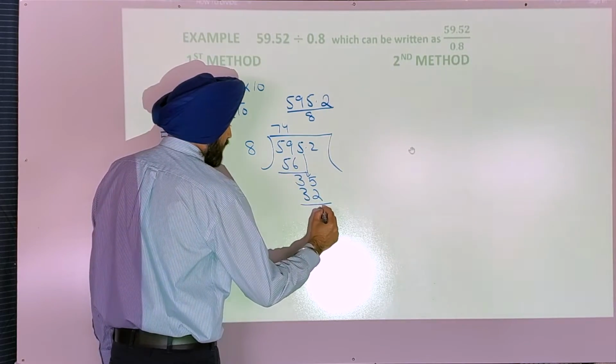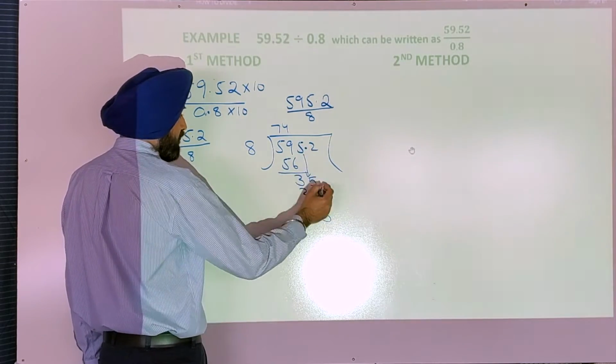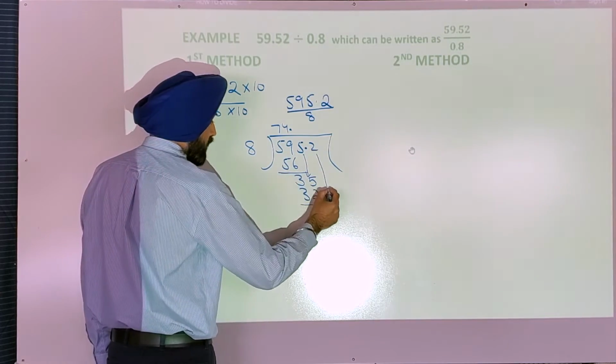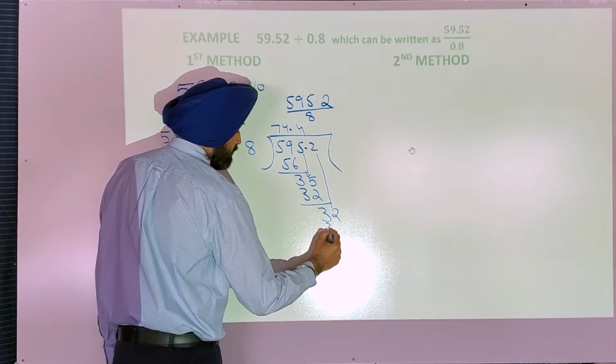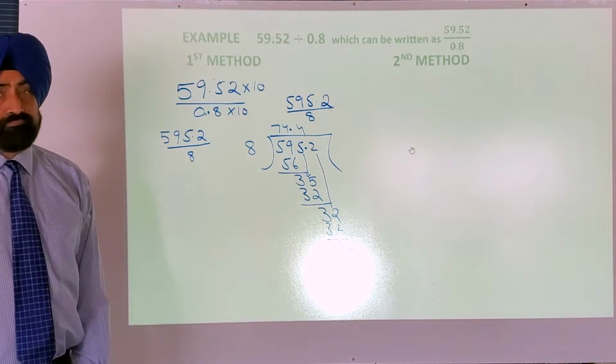When we subtract, we get 3. Now we have to bring 2 down, but before the 2 there is a decimal, so you put the decimal here. Now you bring 2 here. 8 times 4 is 32. So there is no remainder now.